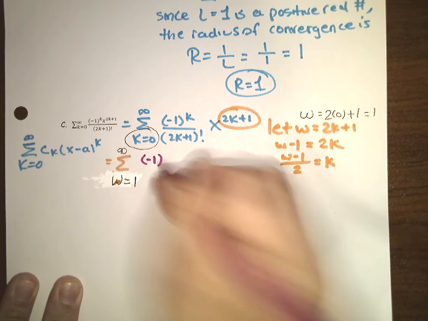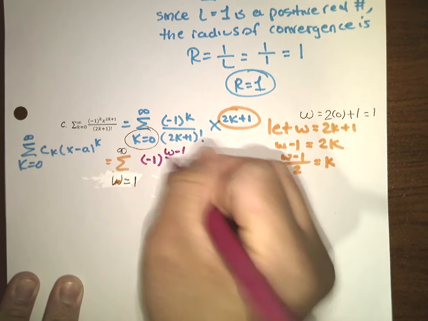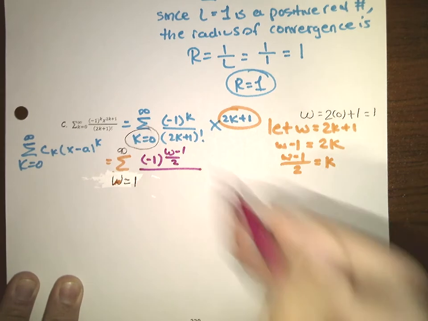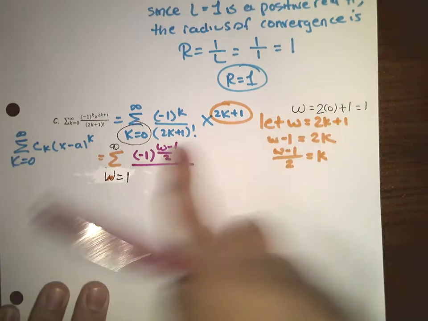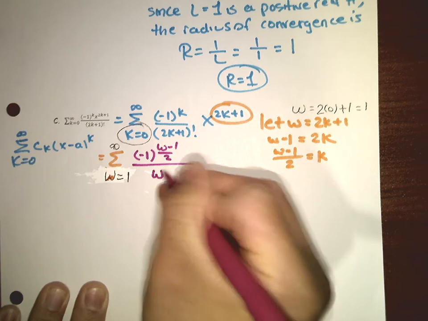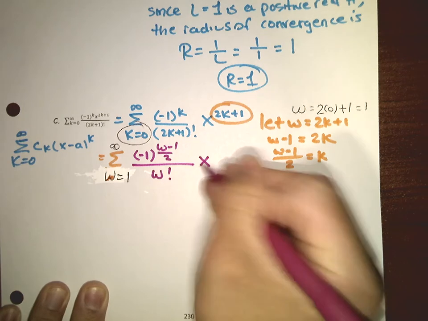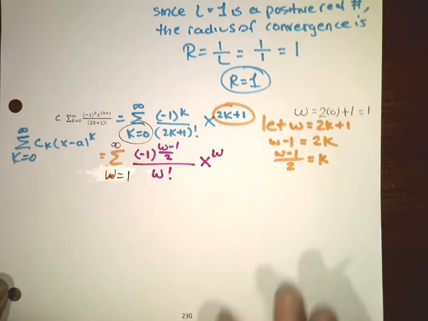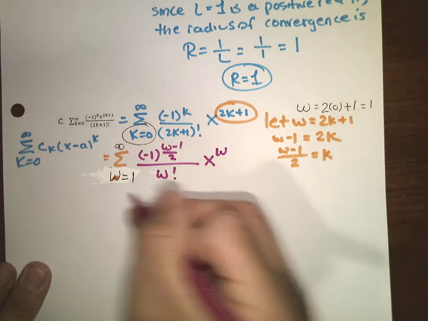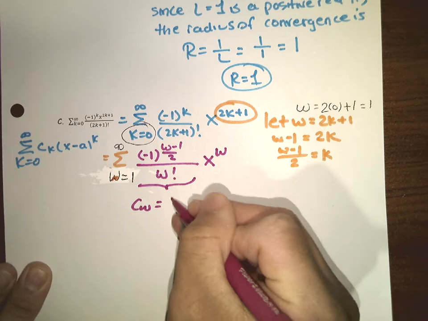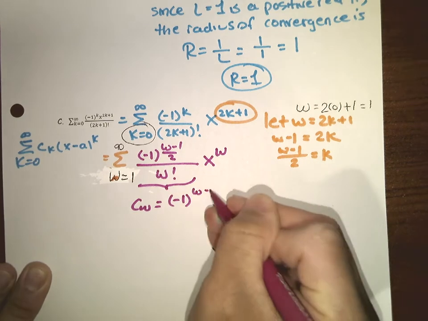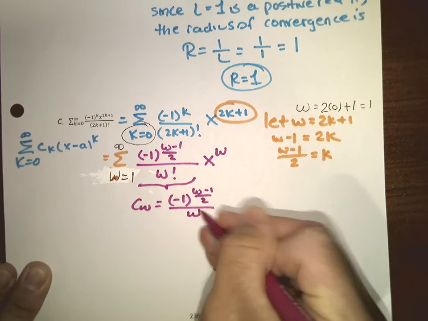So this will be negative 1 to the w minus 1 over 2 power, and then over 2k plus 1 factorial. So w was 2k plus 1, so w factorial, and then x to the w. And then I can rewrite this as my cw. So that's negative 1 to the w minus 1 over 2 over w factorial.